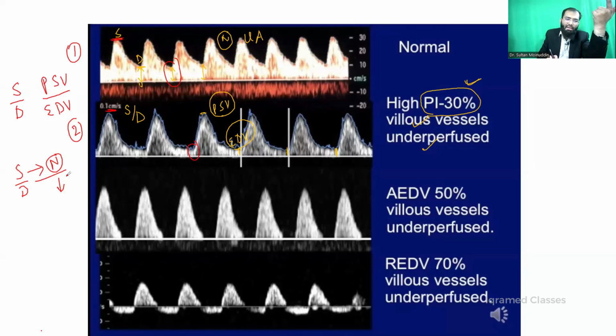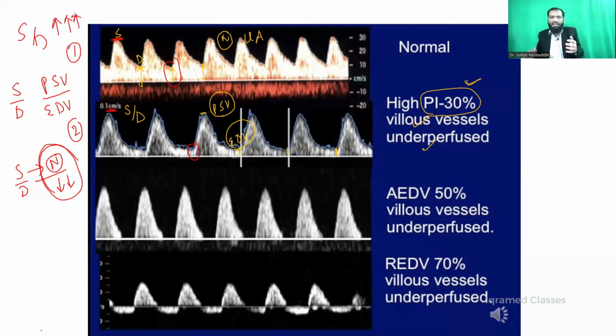The denominator is decreasing. So basic maths: if the denominator decreases, the value of the fraction goes high. So that is why, as the condition deteriorates, the S by D ratio increases. As the diastolic flow is going down, you will find that with time, the S by D ratio goes on getting higher and higher.